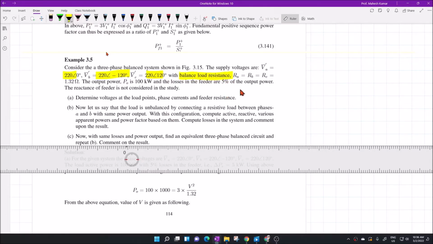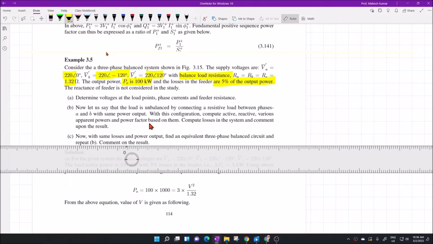The value of the balanced resistive load is 1.3 ohm, and the output power is 100 kilowatt. The losses in the feeder are 5%, and we did not consider the reactance of the feeder in this problem.